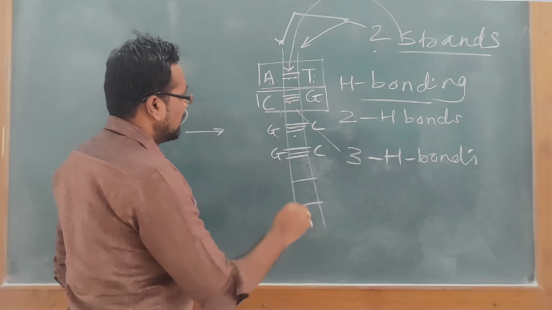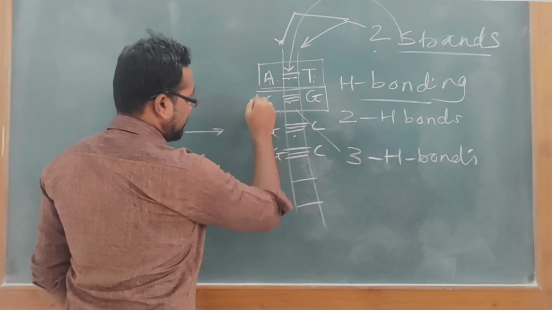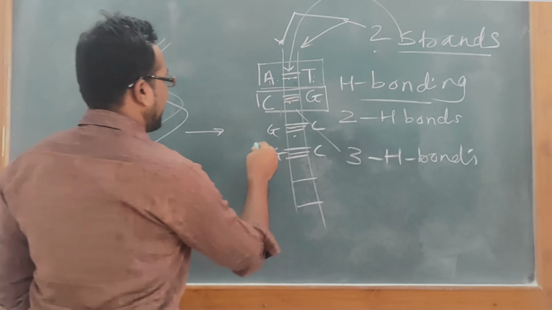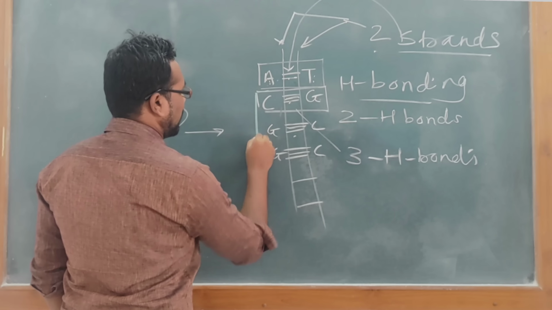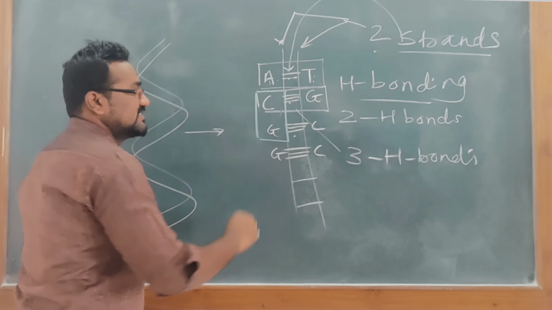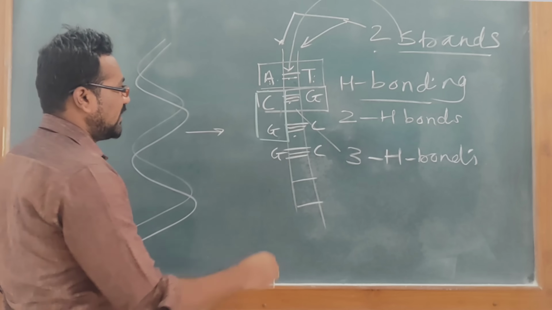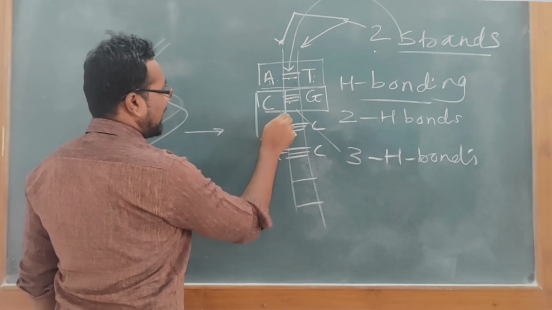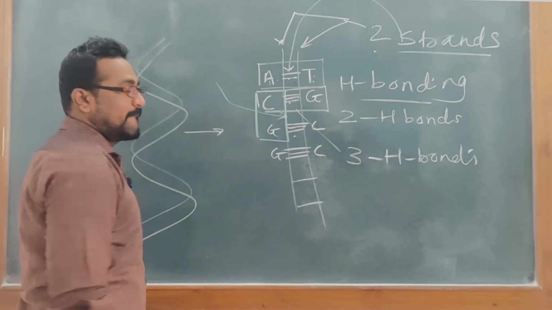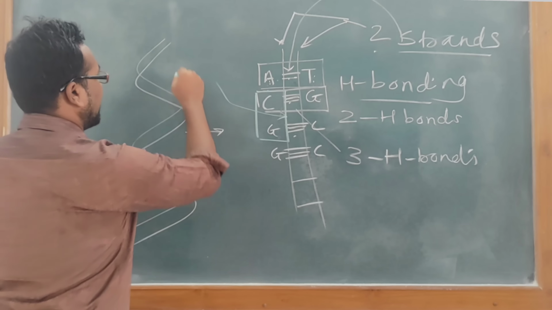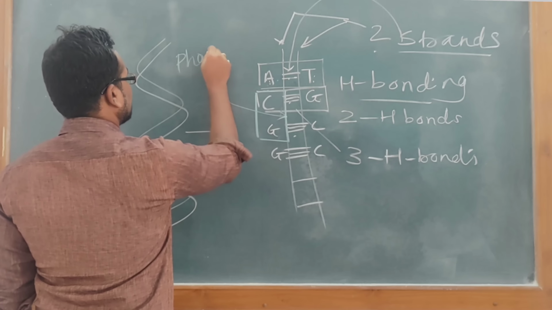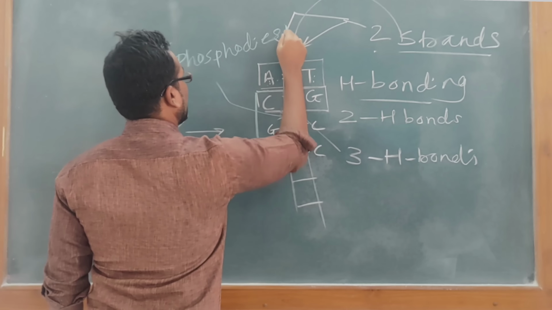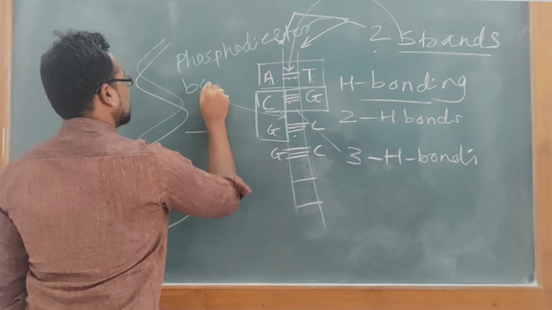But two nucleotides from the same strand, try to understand, C and G from one strand, are connected to each other by another type of bond known as the phosphodiester bond.